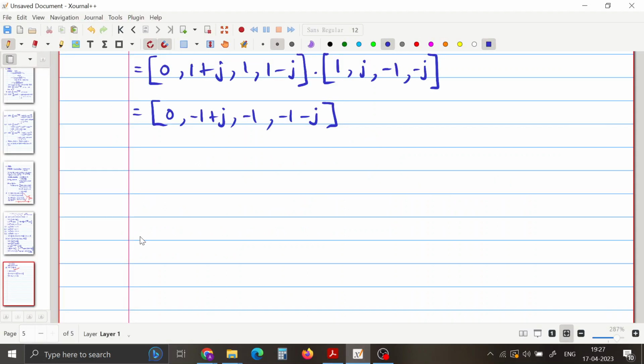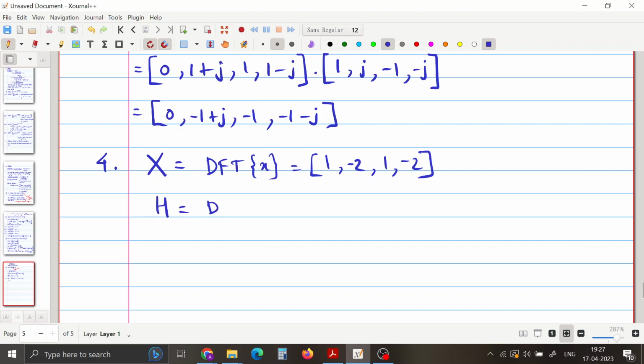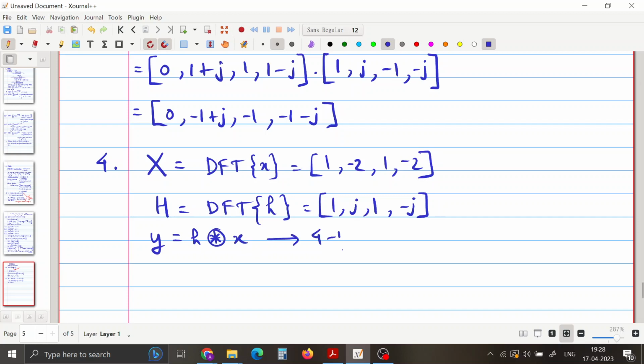So let me first note it down. Okay, these DFTs are given, and this denotes the 4-point circular convolution.